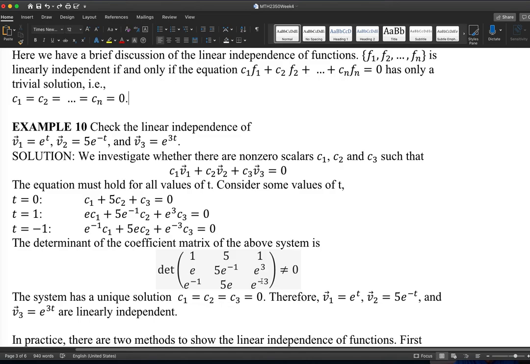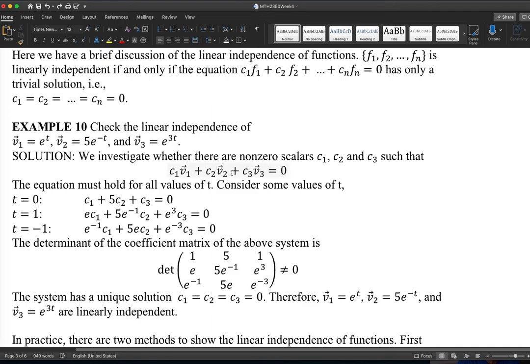So we can find C1, C2, C3 using the inverse multiplied to the left of the column vector 0, which means C1, C2, C3 all have to be zeros. So those three functions are linearly independent, because this vector equation only has a trivial solution.